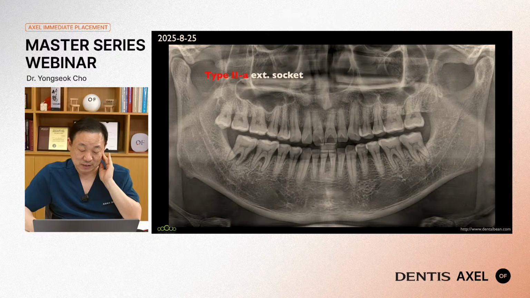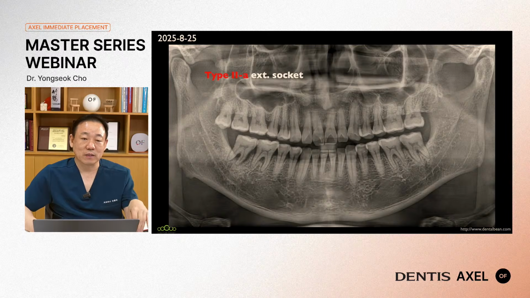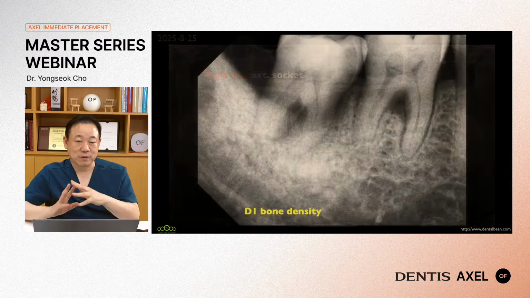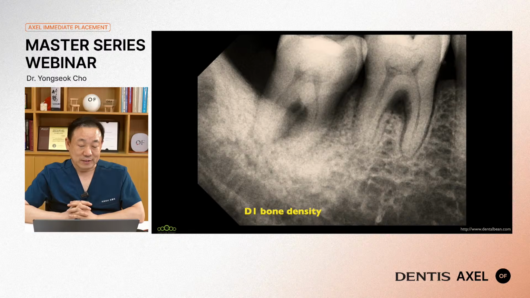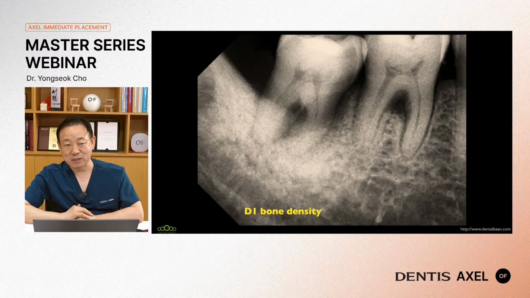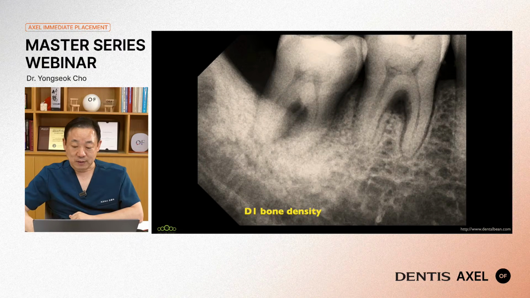It is not an easy case for immediate implant for beginners. One more thing is to look at the density of bone. In this periapical view, the bone density is high because of the reaction from inflammation. It's really dense bone.